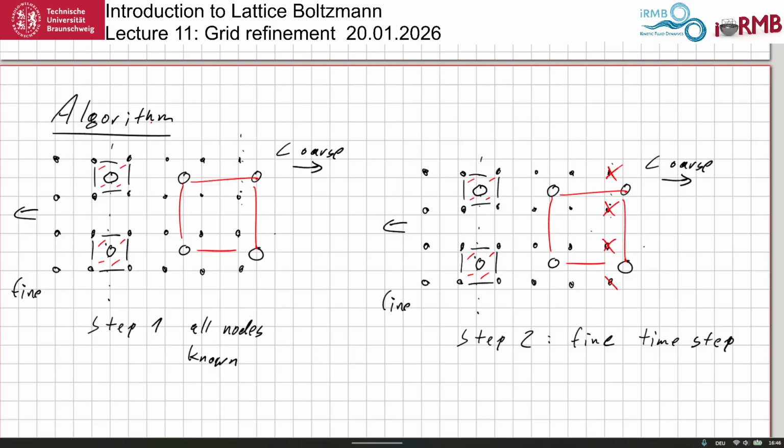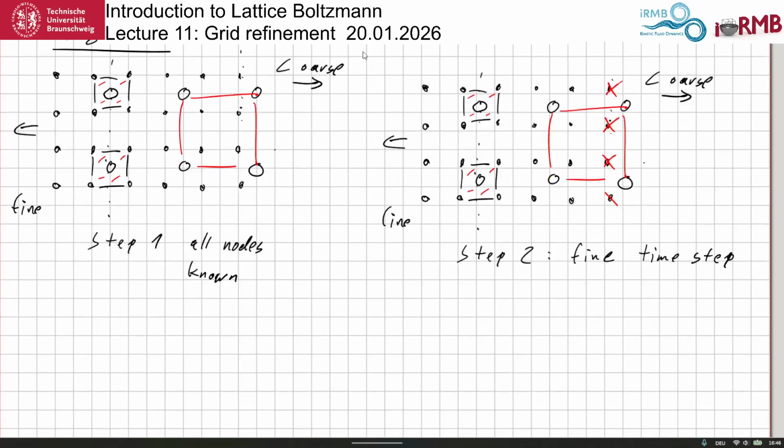We have streaming of these nodes to their neighbors, but they don't have neighbors, so they will die. So we let them die. Okay? So this is step 2, though there's no problem because we still have some overlap here. Now let's do this stupid trick again. I know this is not good for handwriting.